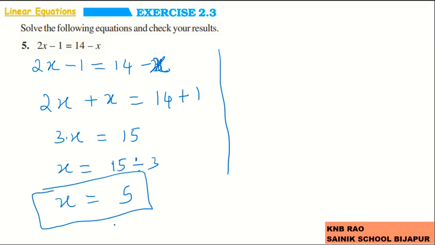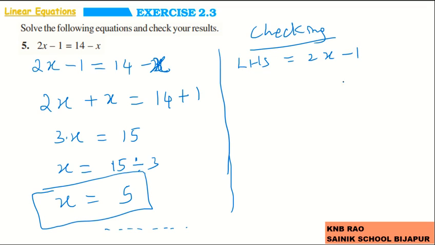So write the conclusion: the solution of this equation is x equals 5. You have to write the working steps now. And now I am going for checking. In checking, what will we do? Separately we will take LHS, where LHS is 2x minus 1. On substitution of 5 instead of x it gives us 10 minus 1, which is 9.